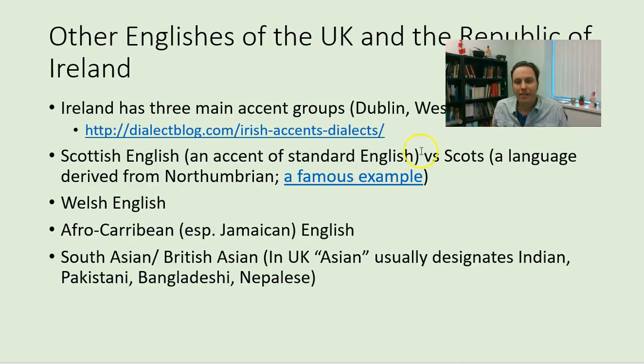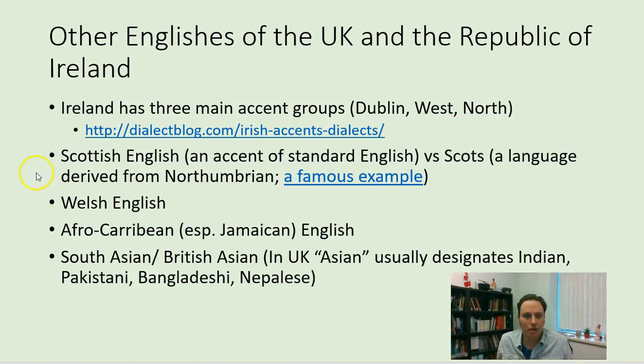Very briefly, I have not even begun to exhaust the kinds of English spoken in the UK and in the Republic of Ireland. Ireland has three main accent groups, and you can explore this link to learn more about the different kinds of Irish English. Irish English, like American English, is closer to Elizabethan Shakespearean English than standard modern British English is.